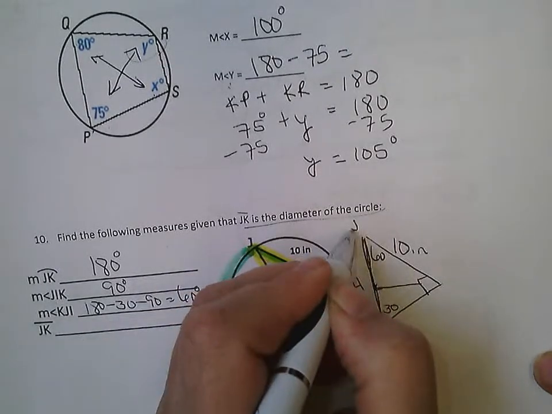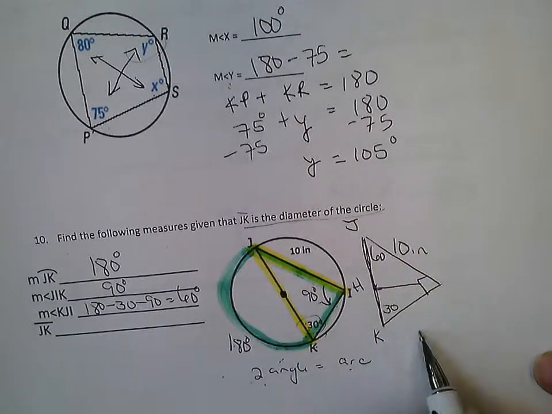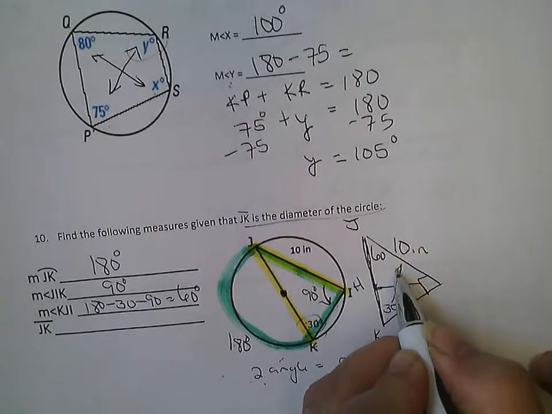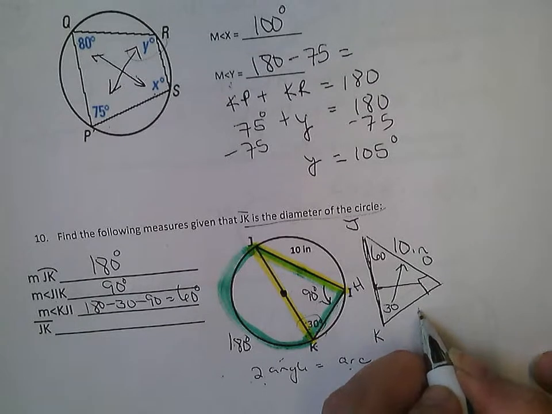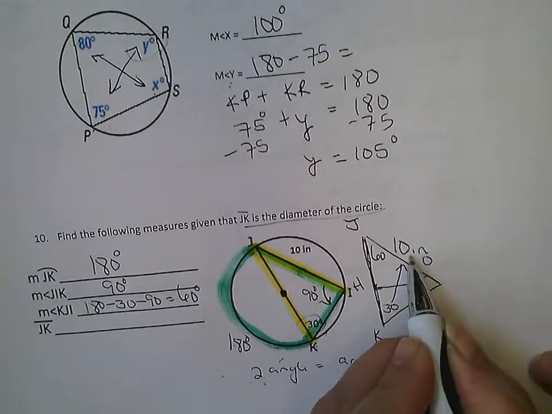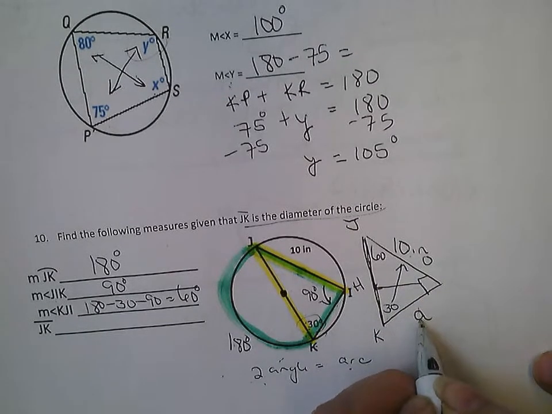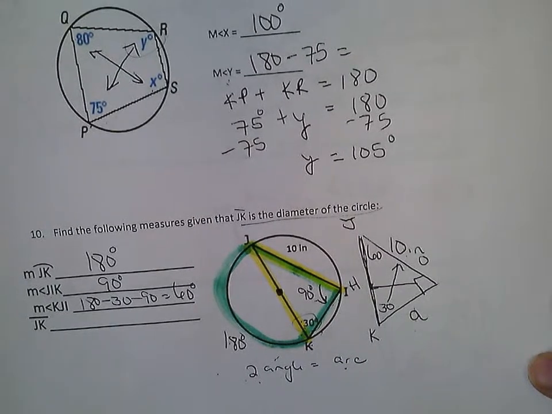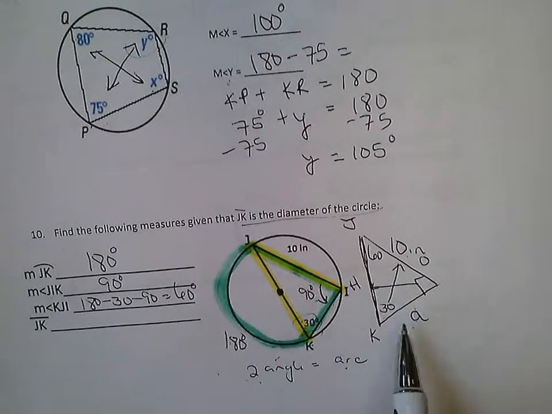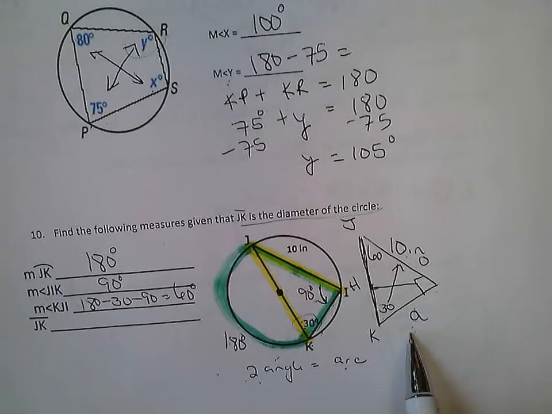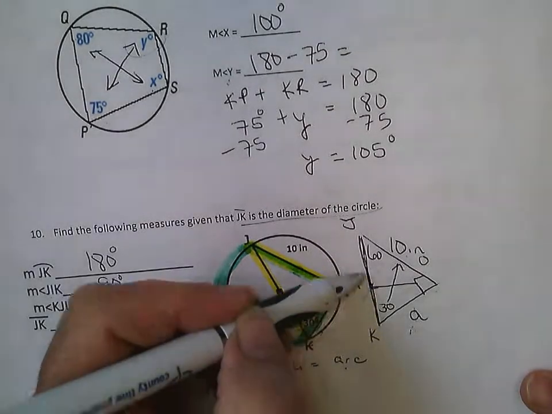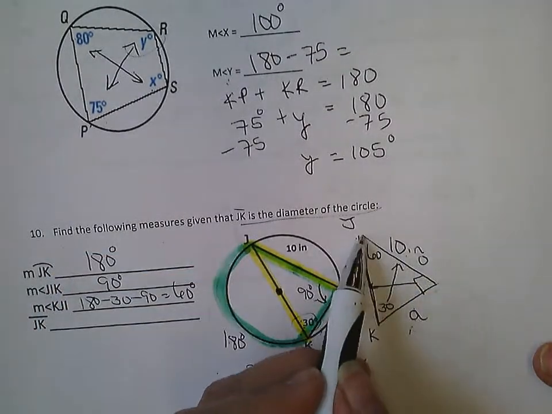That's our JK. This one across from the angle is our O, and the last one is our A. Opposite is across from the angle, and adjacent means next to. We aren't interested in the segment that's next to us. We're interested in the hypotenuse, and we're given the opposite.